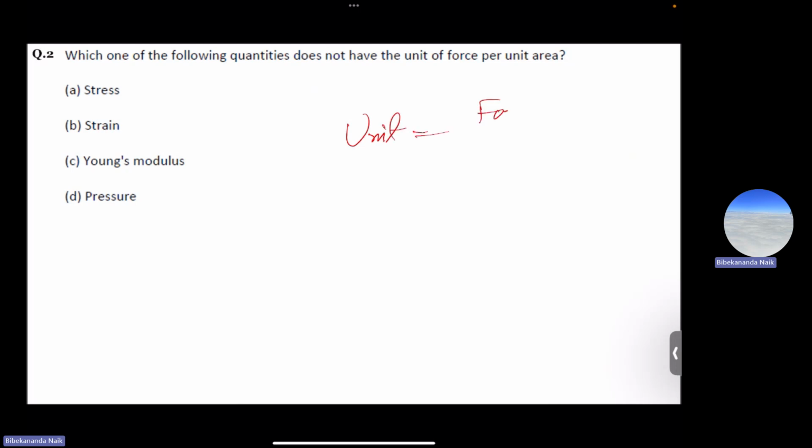Which of the following quantities doesn't have the unit of force per unit area? Options are option A, stress, option B, strain, option C, Young's modulus, or option D, pressure. We will discuss in 2 minutes. You can think about what the correct answer will be.